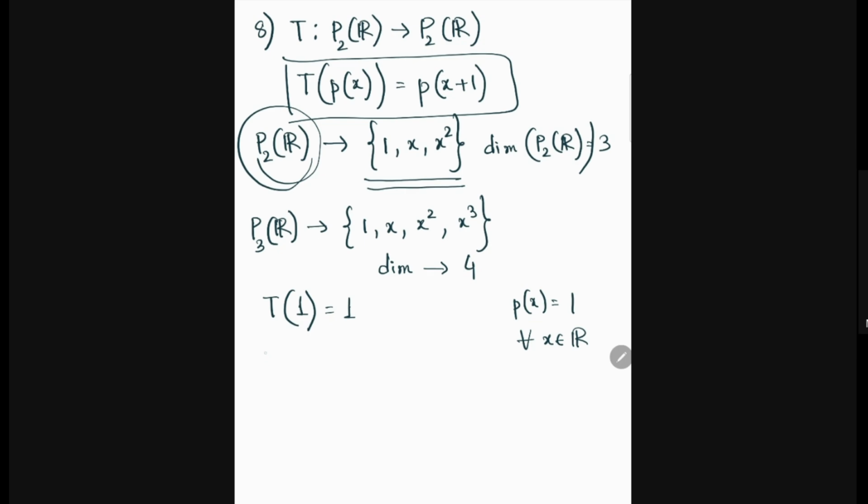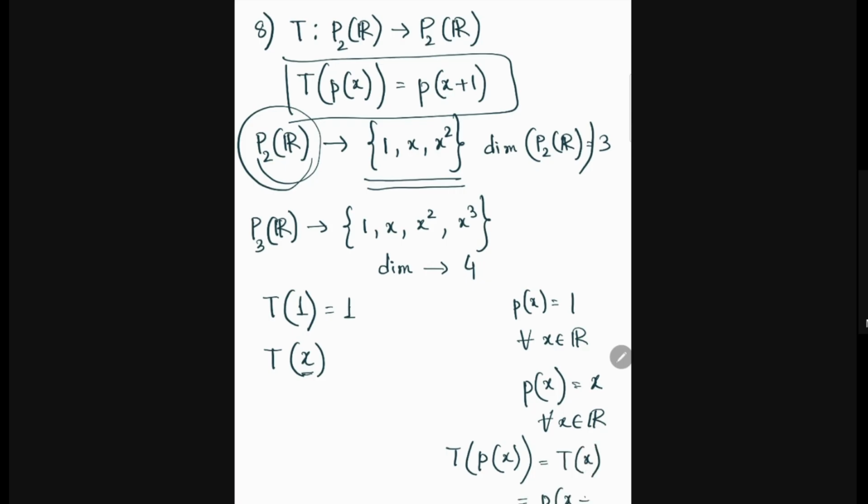Now if we say T of x, here P of x is x for all x belongs to R. If we use the T operator here, it should go to P of x plus 1.